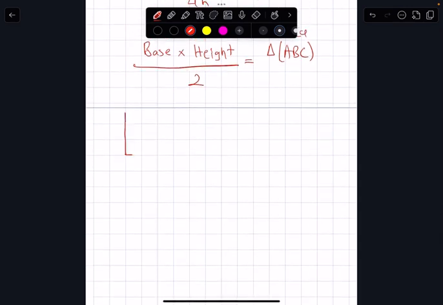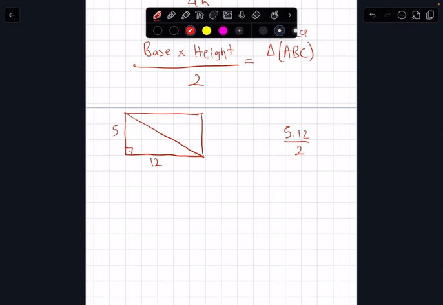This one is easy. Let's say 5, 12. Find the area of this one. 5 times 12 divided by 2. I mean, let's imagine this is a rectangle. Normally, finding the area of a rectangle is the multiplication of two sides, 5 times 12. Now what happened? I cut it in half diagonally, and now I divide it by 2.